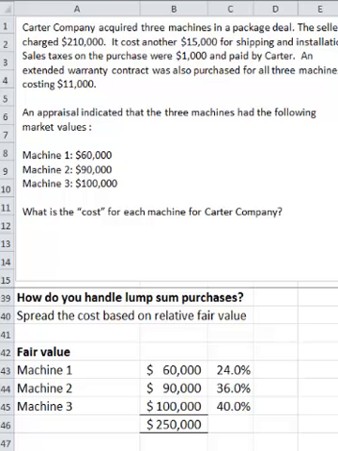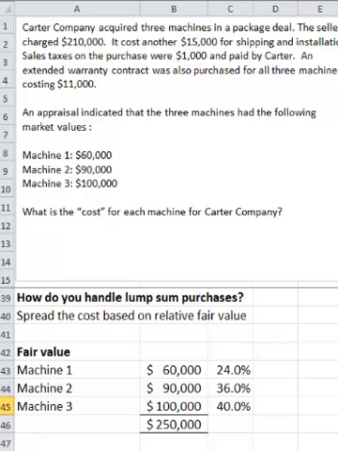The procedure is to spread the cost based on the relative fair market value. What's relative fair market value? Well, you take the fair value of each of the assets and you figure out what portion that is of the total fair value. So in this case, machine 1, I'll show you where that number came from, took 60 and divided it by the 250, and that's 24% of the total, and 36% of the total, and 40% of the total.